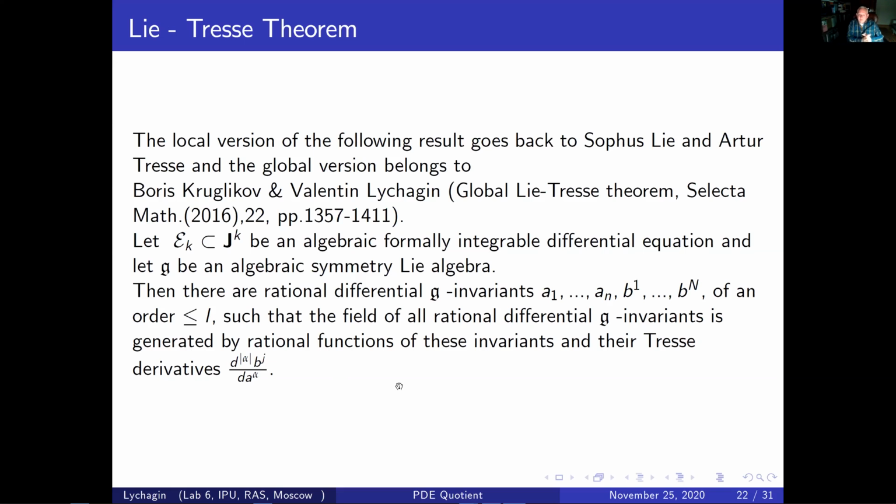So in some sense, if you're lucky enough to find these N plus n rational invariants, then you practically found everything. All other invariants will be just rational functions of these and the Tresse derivatives.